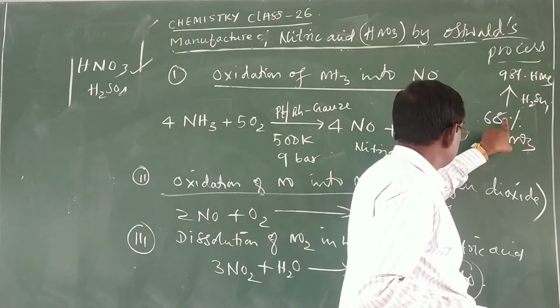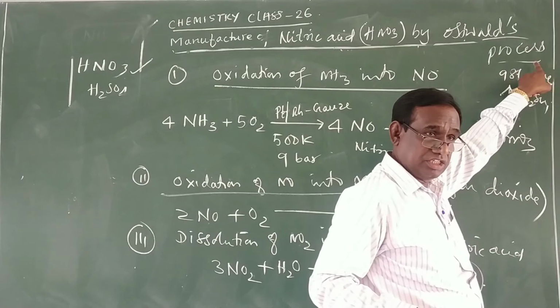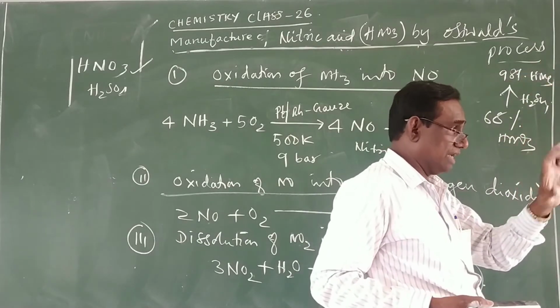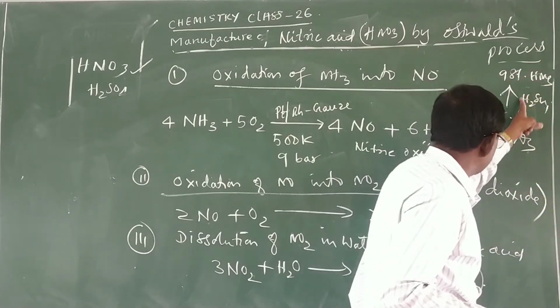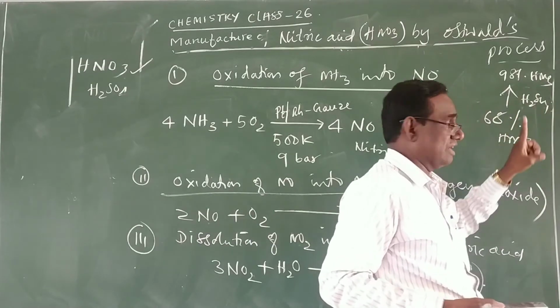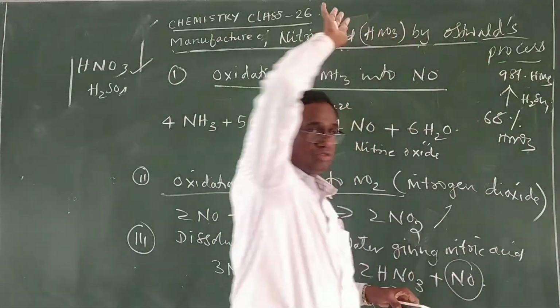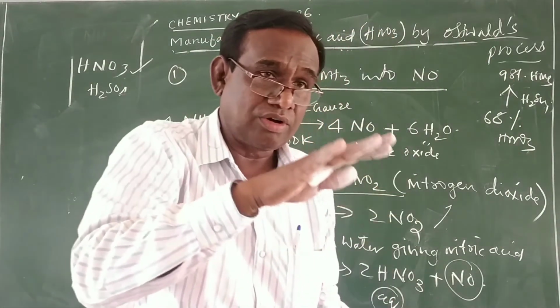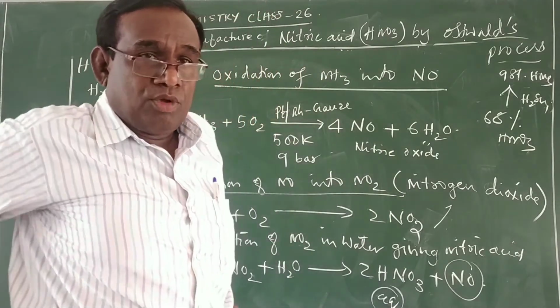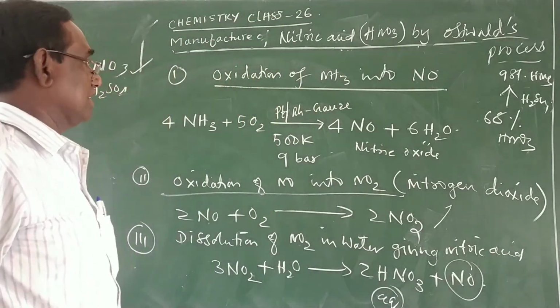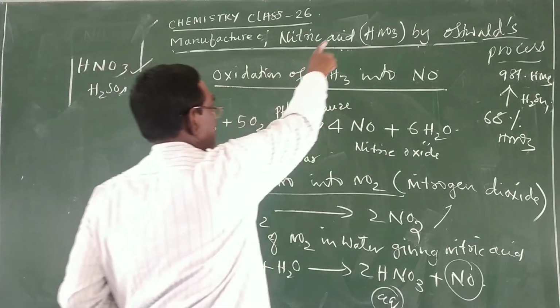That means 68% HNO3 is converted to 98% HNO3, as all the remaining water molecules are absorbed by the dehydrating agent, sulfuric acid. You get 98%, which is the pure concentrated nitric acid. That is how we can manufacture nitric acid by the Ostwald process.